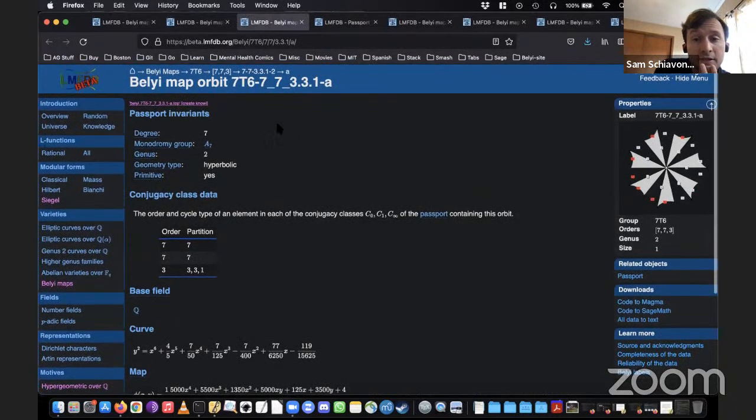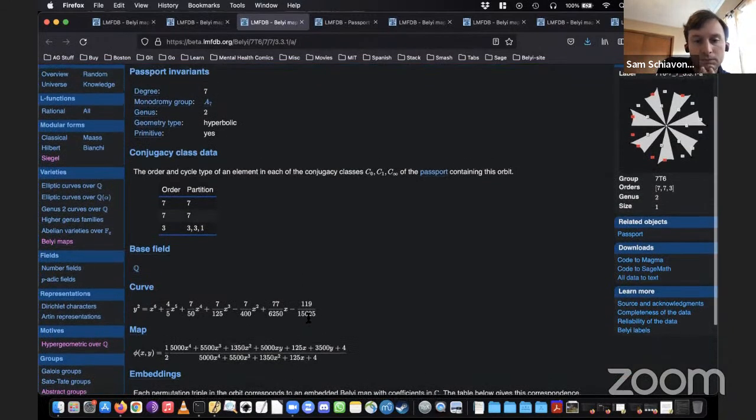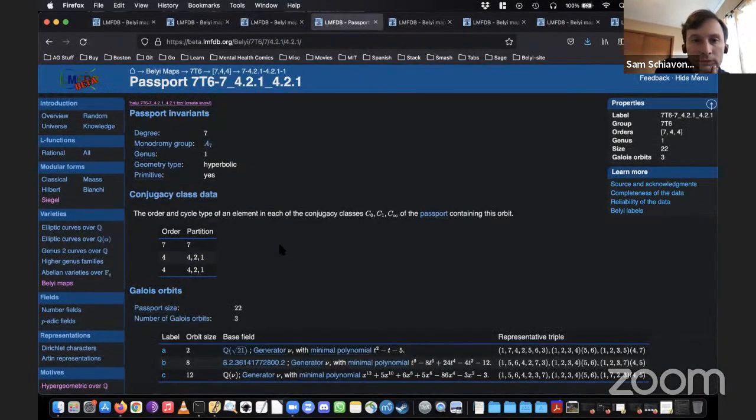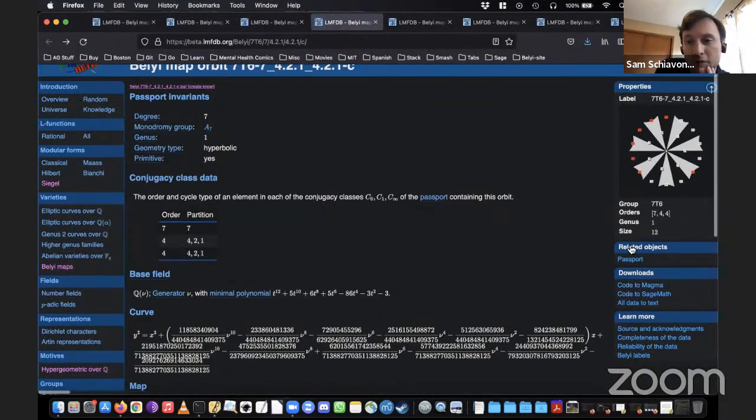Here is the second one that I showed you in the Belyi DB demo. Here's a genus 2 map of degree 7. This is the one that's defined over Q. If we go to its passport, oh no, this is a different one, isn't it?